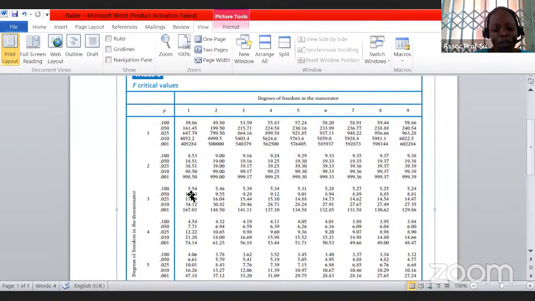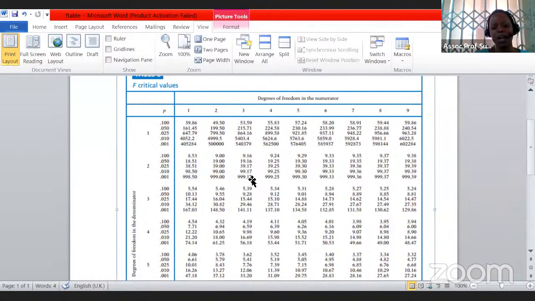Now, if your F calculated by the R program is, for example, 50, and you compare it with the 10, you find that the value you've calculated is greater than the tabulated value. That shows there is evidence to reject the null and conclude otherwise: there is a linear relationship between volume and diameter, or between water uptake and egg production. So that's how we get the critical values from the table.